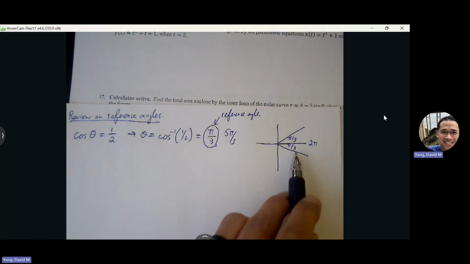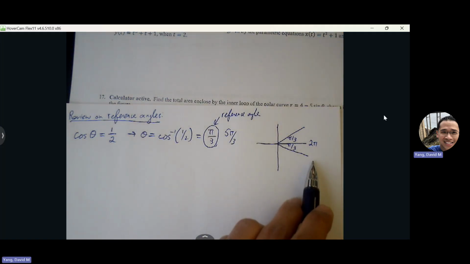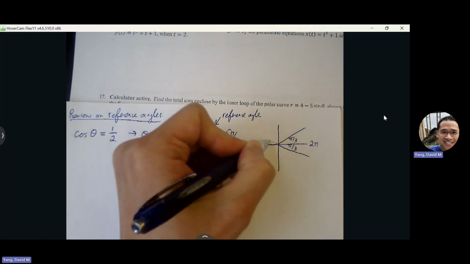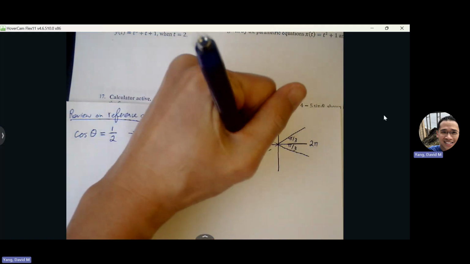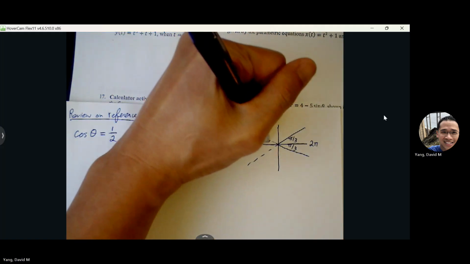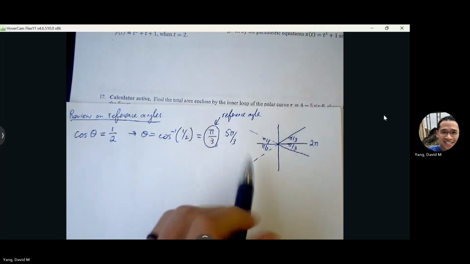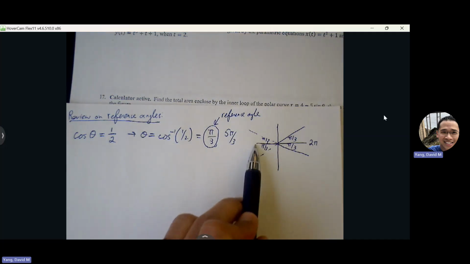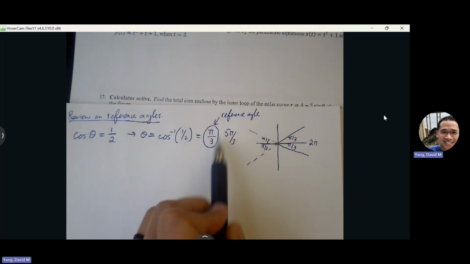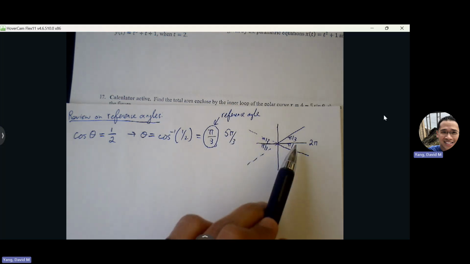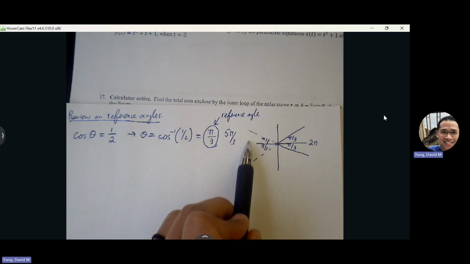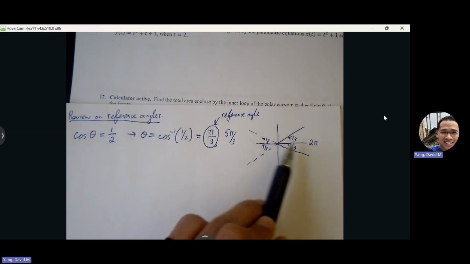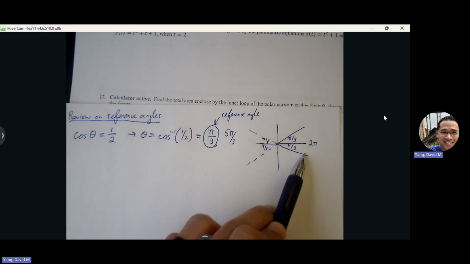So 2 pi minus pi over 3 gives us 5 pi over 3. If we need the second or third quadrant, we would either add to or subtract from pi. So once we find that reference angle, we can either add or subtract from pi to get to the second or third quadrant, or subtract from 2 pi to get to the fourth quadrant.